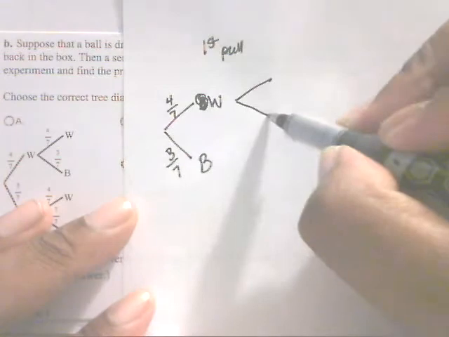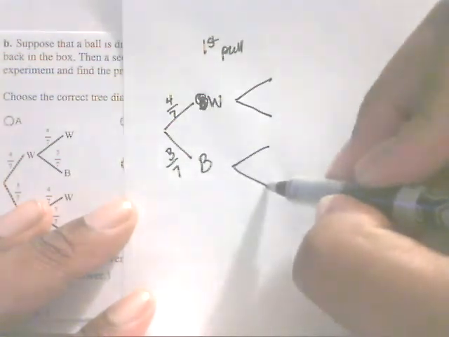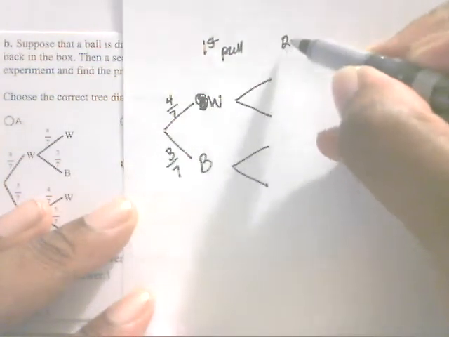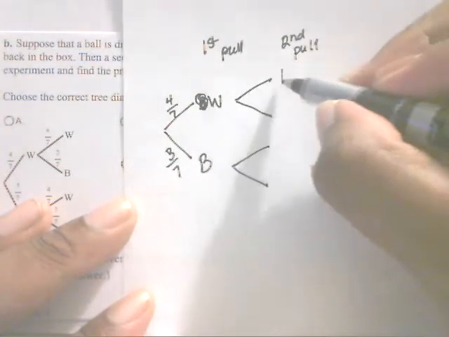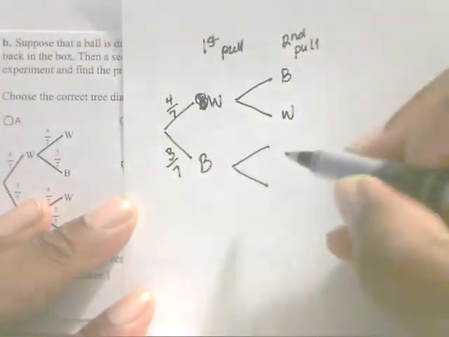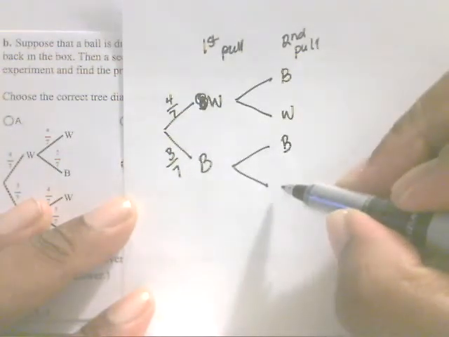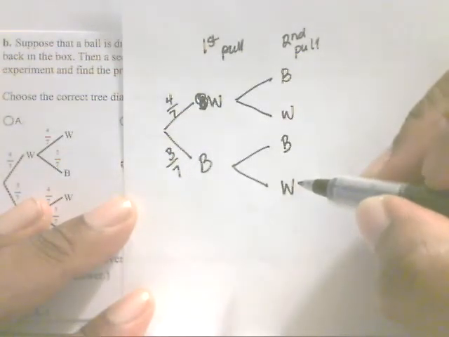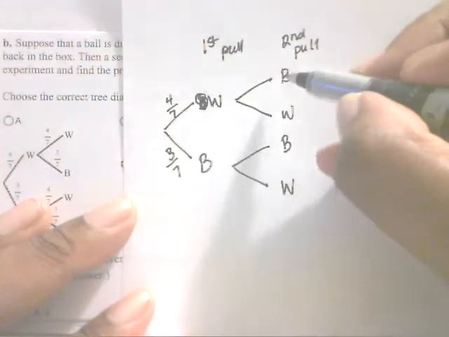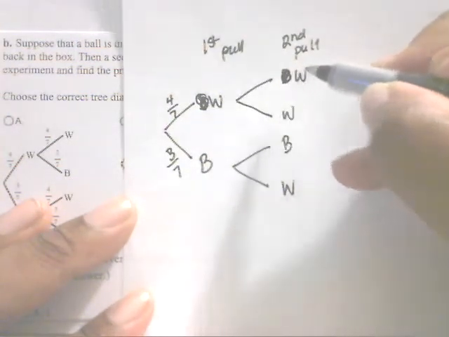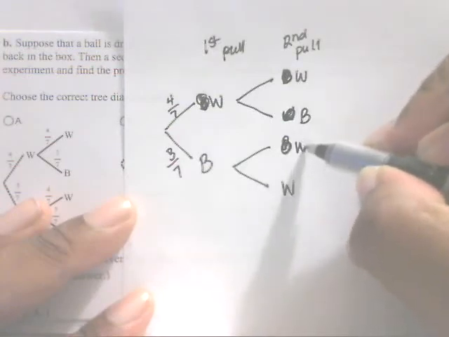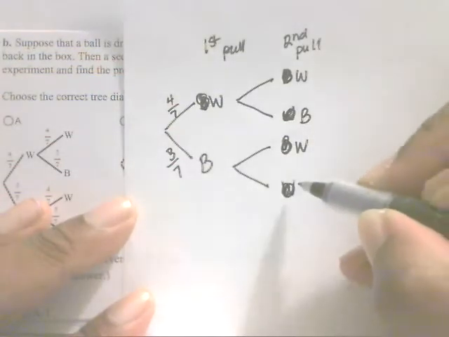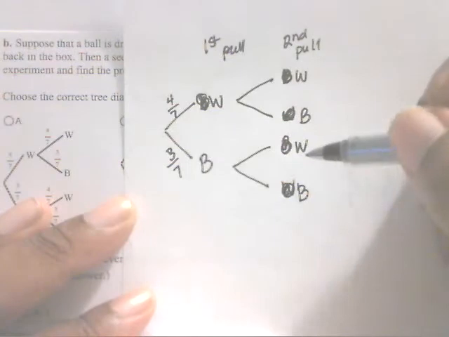Now the balls are going to be replaced. They're going to be put back in the box. So that means you're still going to have 7 balls on the second pull. Let's make this white and then black, and do the same thing here, white and black.